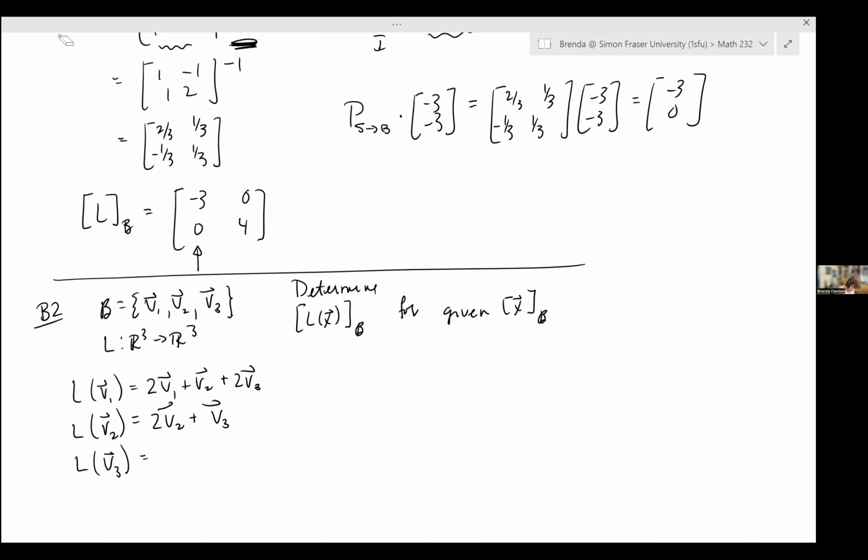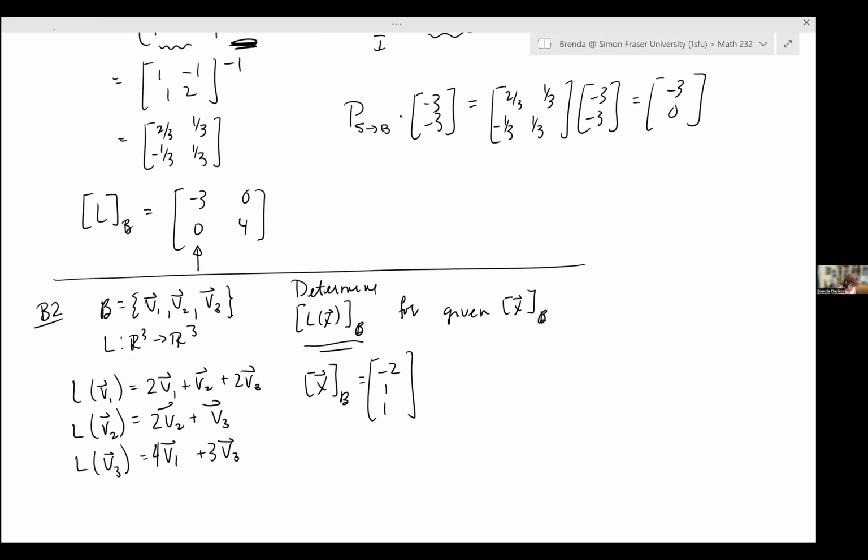Sorry, that's a bit messy. Let's fix that. 4v1 plus 3v3. And we're told we have a vector with coordinates given to us relative to the basis B, looking like that. And we want to determine this guy here.